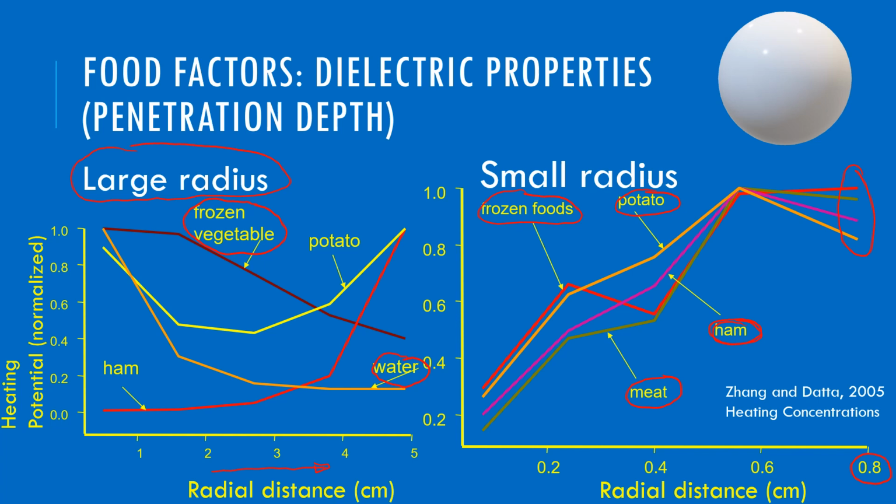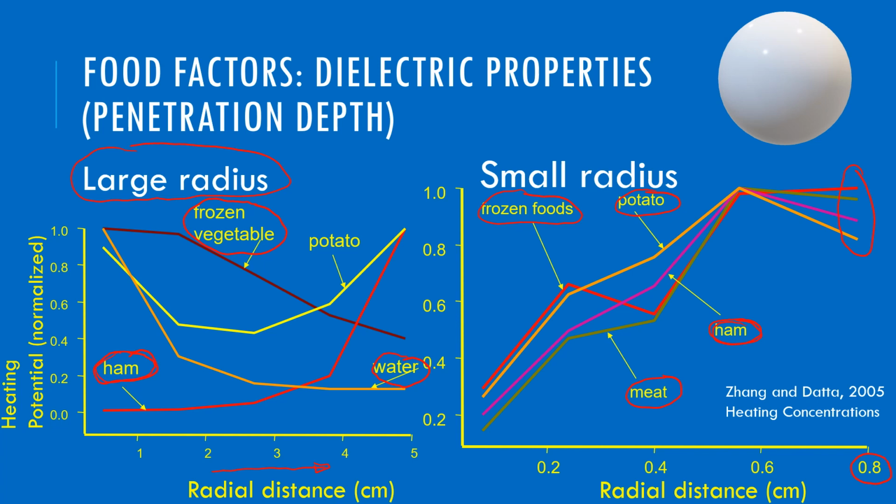For the smallest penetration depth, that would be ham, because it's salty, plus it has quite a bit of water, so it has a very small penetration depth, and for that there is no focusing.